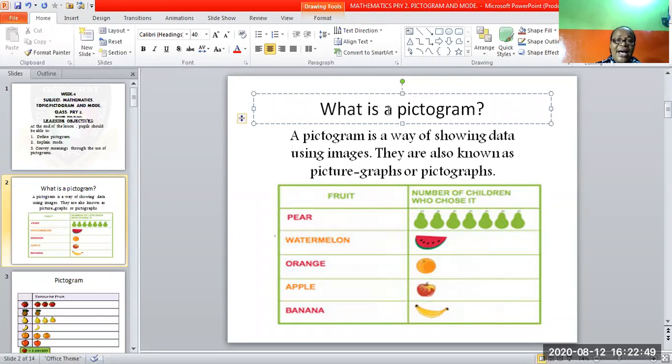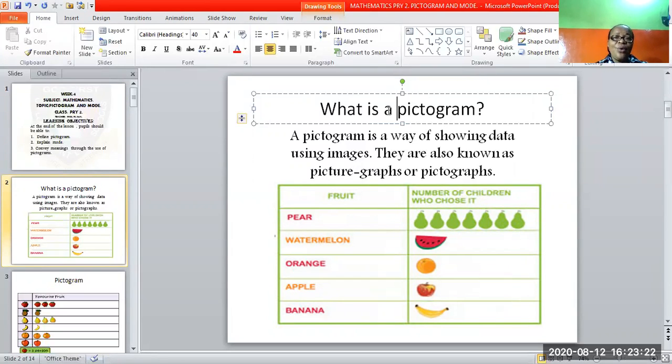Pictogram is also known as pictographs. So when you hear the word pictographs, you should know we are talking about pictogram.